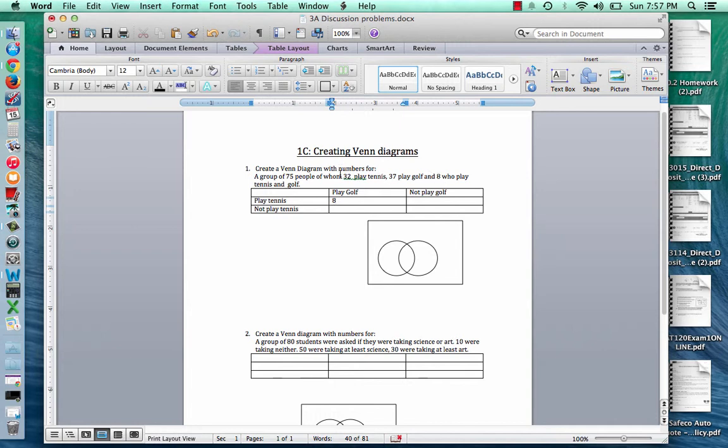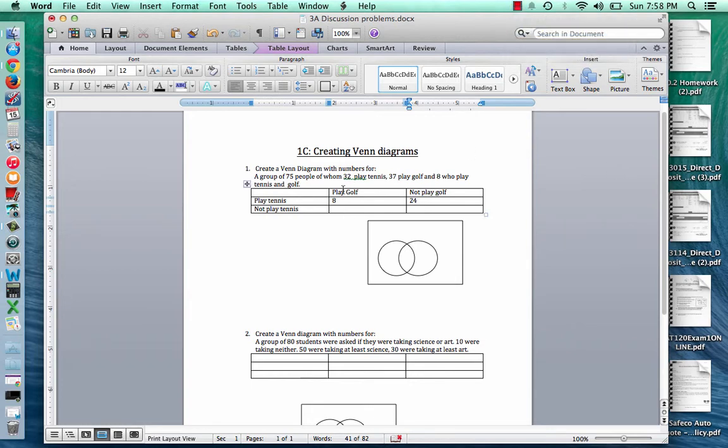So this row should add up to 32, whether they play golf or not. This number has to be 24, because 32 minus 8 is the number who do not play golf.